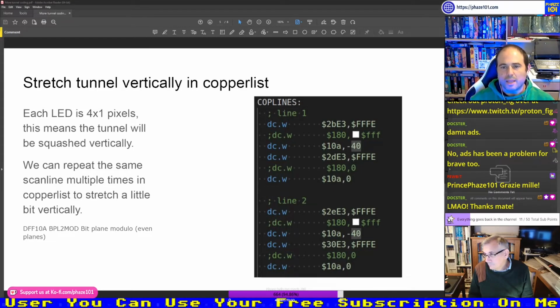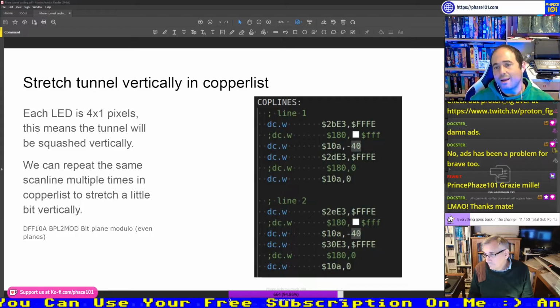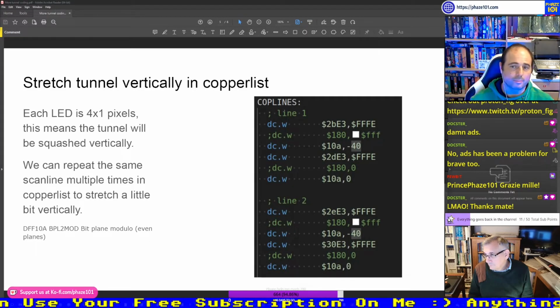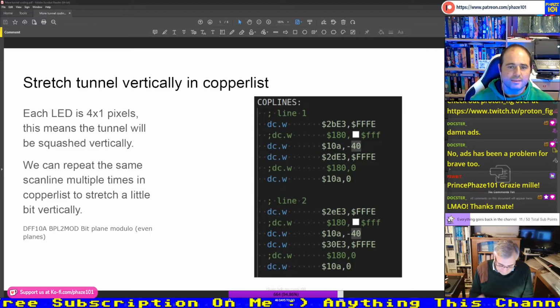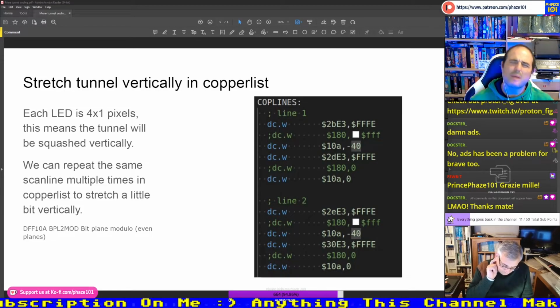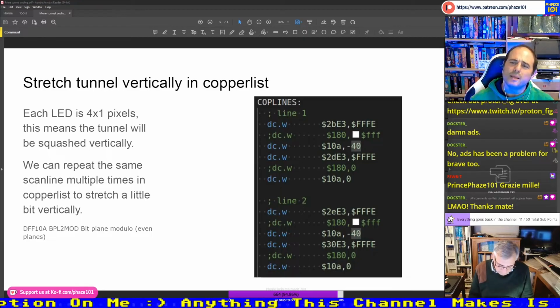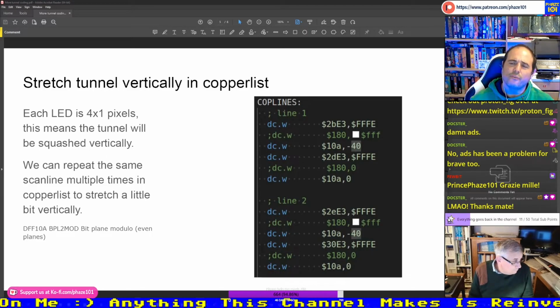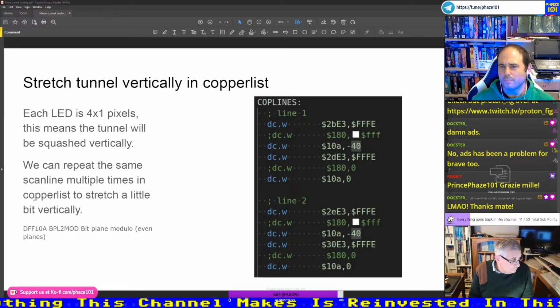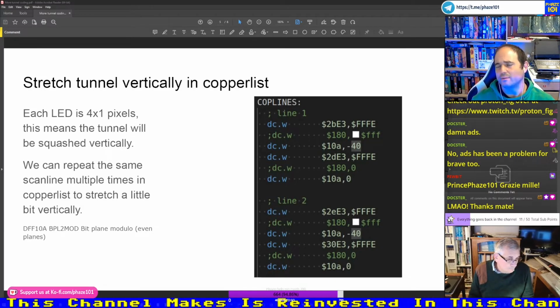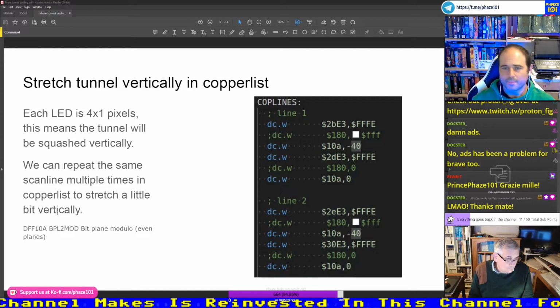So the idea is for each scan line, wait for a particular position, set this register 10A, which, if I remember correctly, should be BPL mod for the even bit planes, or the odd, I don't remember, but it's where the tunnel is drawn.